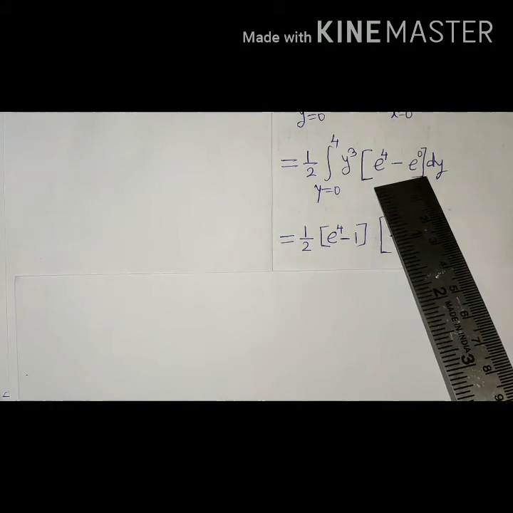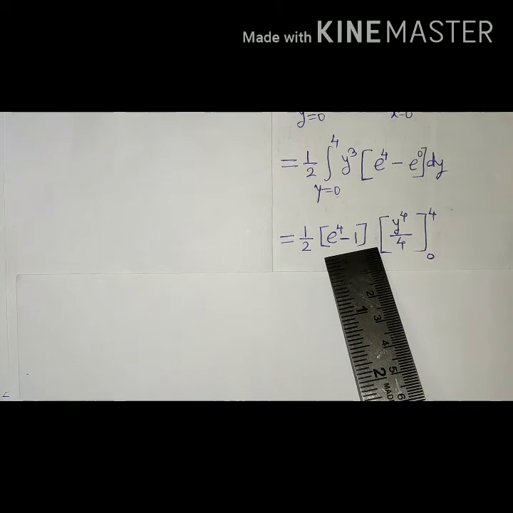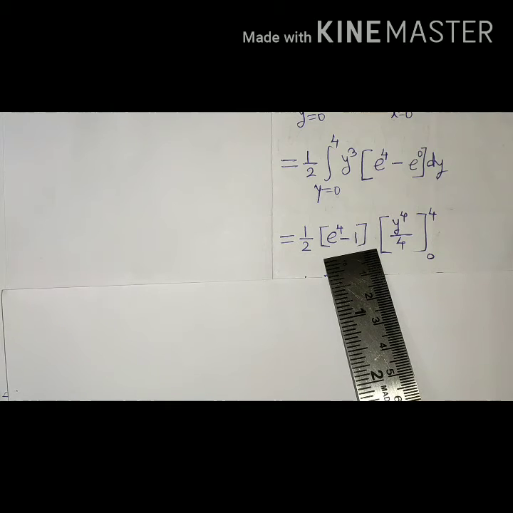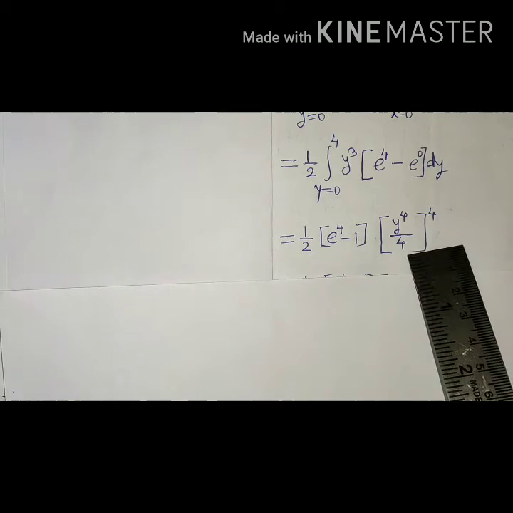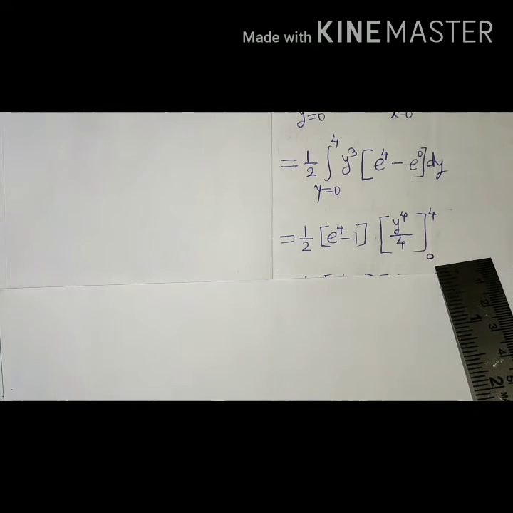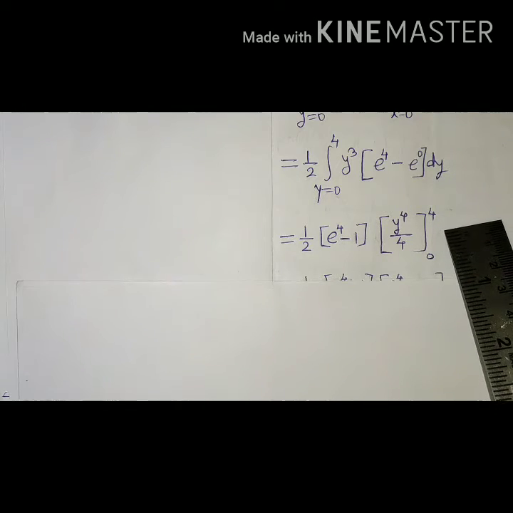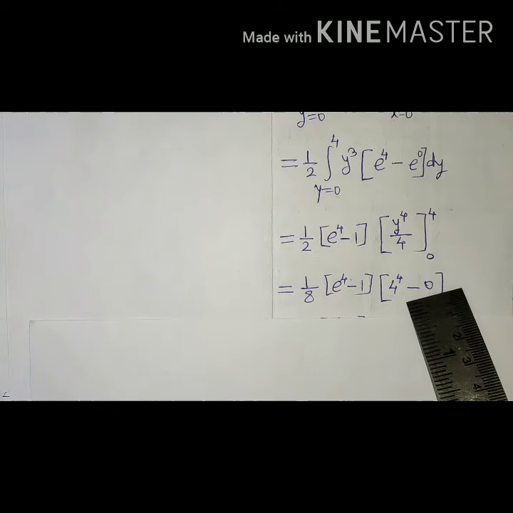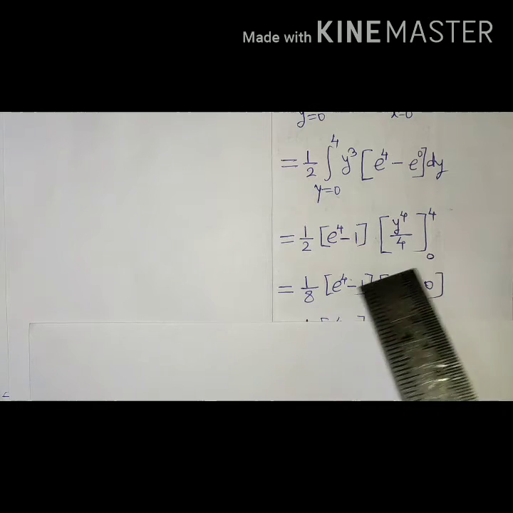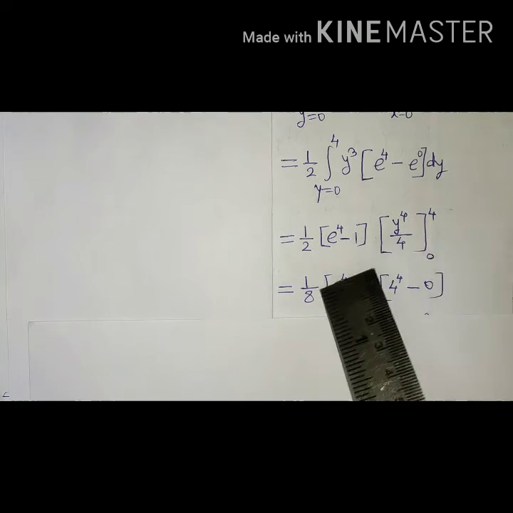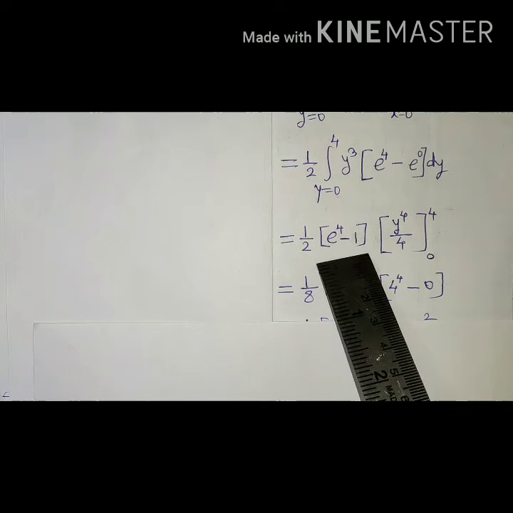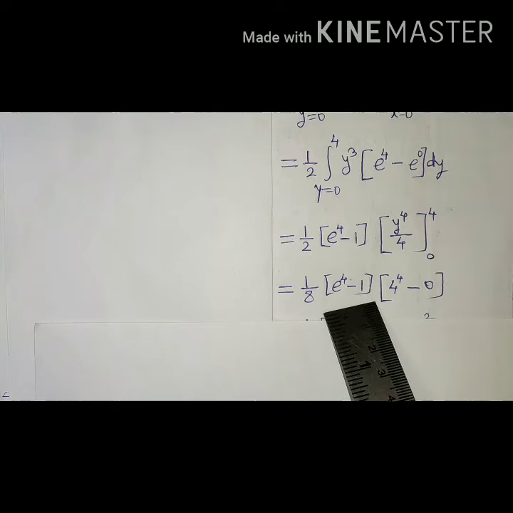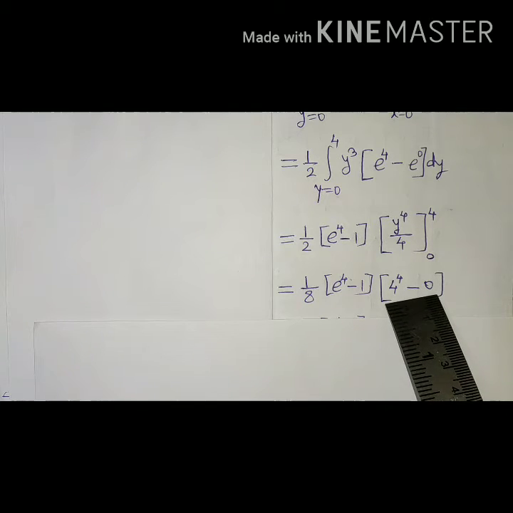So as you are observing, half e raised to 4 minus 1 remains as it is. And integration of y cube we have written y raised to 4 upon 4, the limits lying between 0 to 4. And if I put the value, this upon 4 we have taken out, it becomes 1 by 8. This e raised to 4 minus 1 as it is. And now we put the limits.